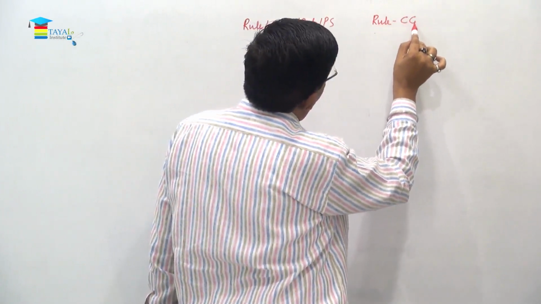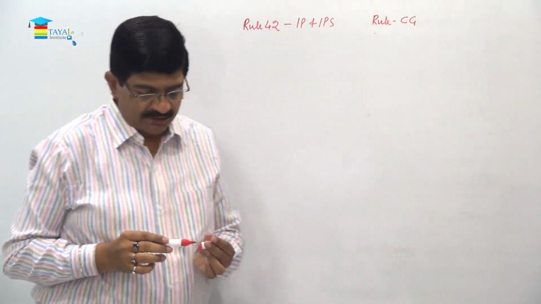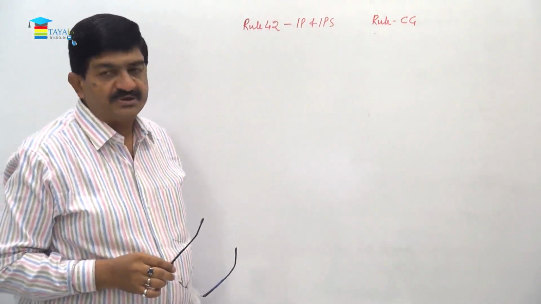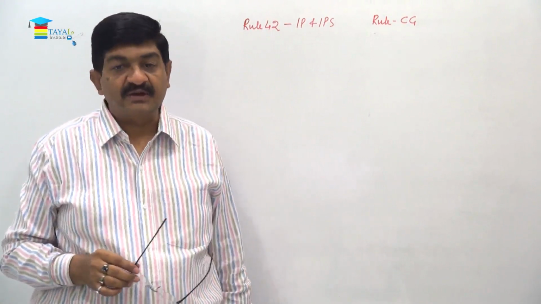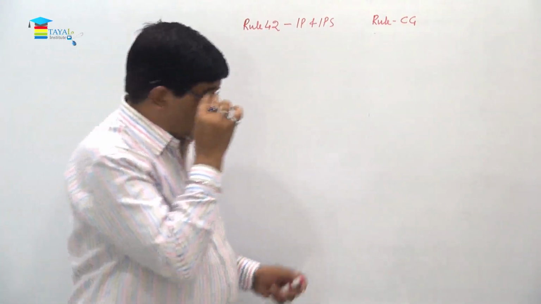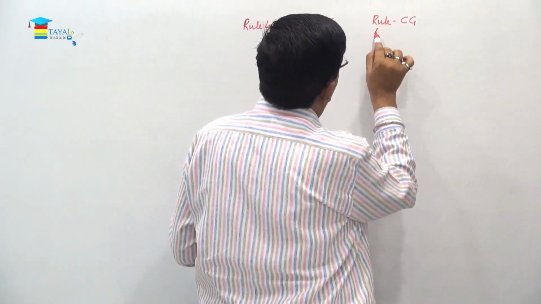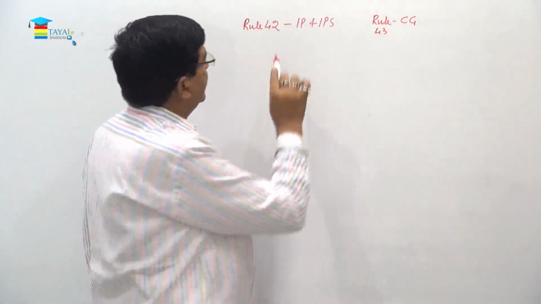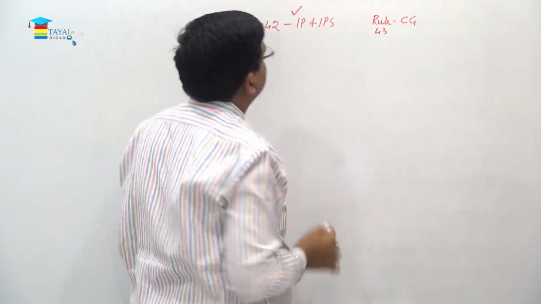This is for capital goods. Okay, so first of all, this is the distinction. Rule number 42 is for input and input services. Rule number 43 is in relation to capital goods. So the topic of discussion now is rule number 42.